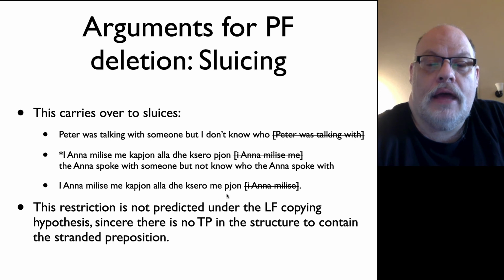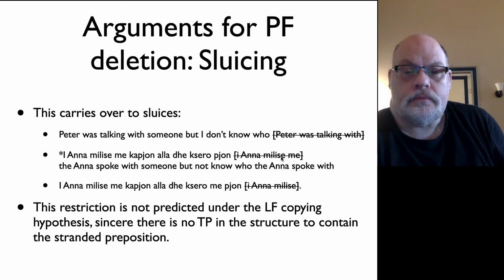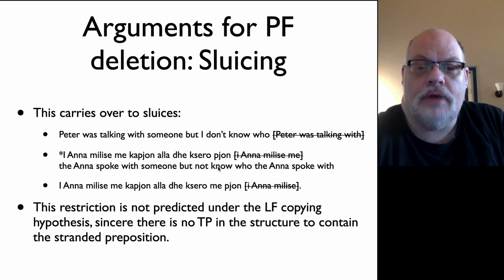Now, LF copying does not predict this. Because LF copying predicts that you should be able, in a sentence like this, to simply copy the main clause TP downstairs. And so you should be able to do that.